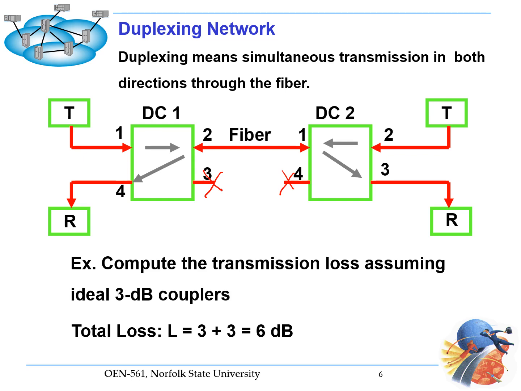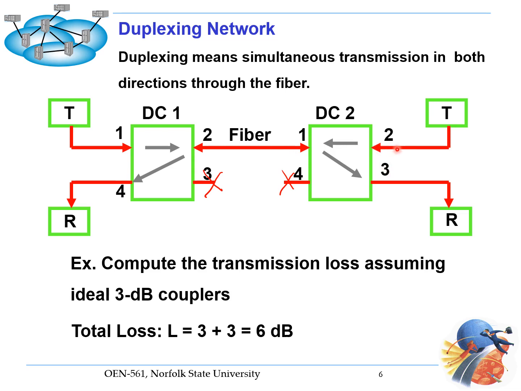For example, transmitter, let me change to the pointer. Transmitter here, we can use port 1 for the light to enter the directional coupler, and then light will go through throughput port 2 of the first directional coupler, and then enter port 1 of the second directional coupler, and will be split between port 2 and port 3 of the second directional coupler.